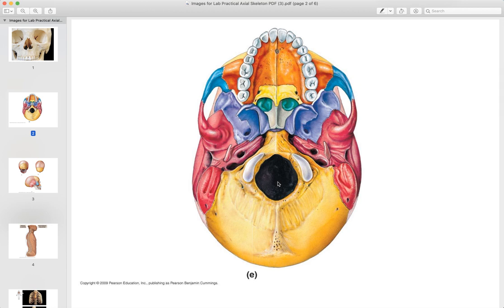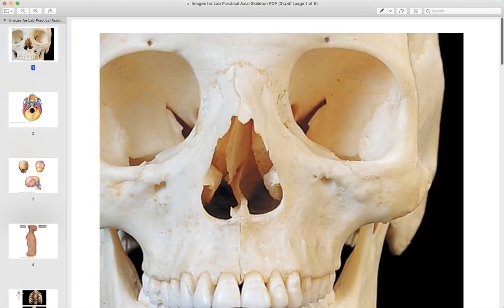The lacrimal sulcus is going to be seen here. It's a little hard, so it's a part of the lacrimal bone, and it's this groove here on that bone. The next is the optic canal. That is this hole here.